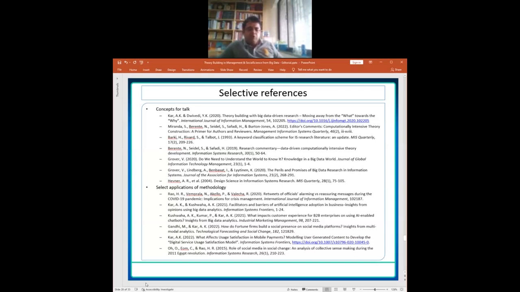So if you want to venture into theory building with big data driven research, some of these might be exciting for you, because in some of these we're trying to talk about how we can measure consumer experiences, which is a marketing concept. Some of these are related to information system concepts, and some are related to even strategic concepts.